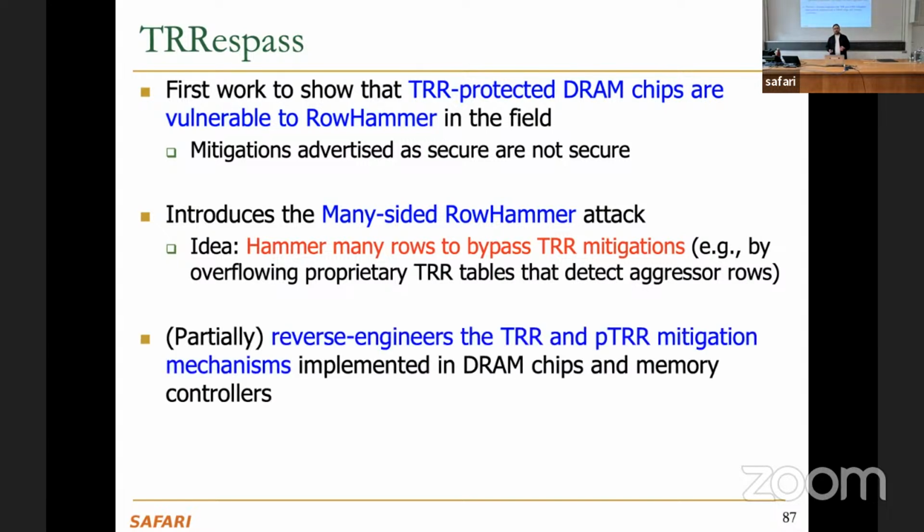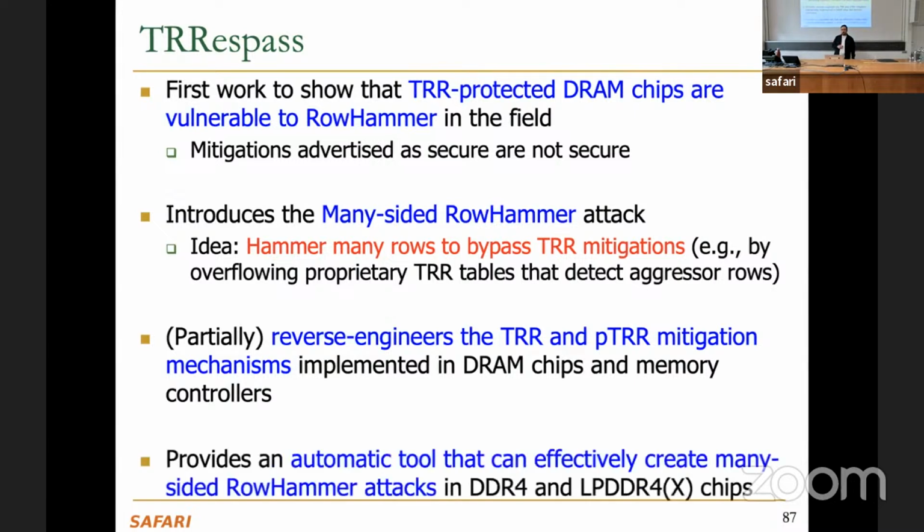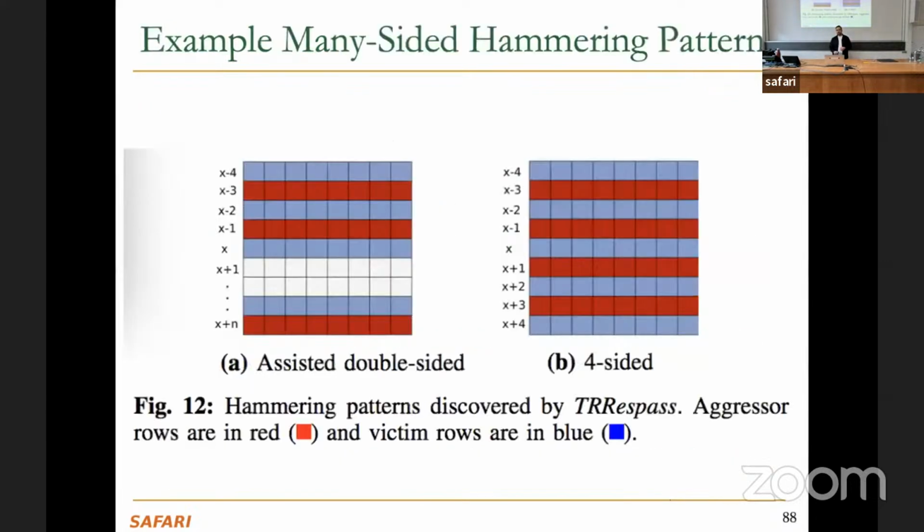So this TRRespass work partially reverse engineers the TRR and pTRR. P stands for pseudo mitigation mechanisms implemented in DRAM chips and memory controllers. And it provides an automated tool that can effectively create many-sided RowHammer attacks for DDR4 and LPDDR4 DRAM chips that you can use to induce bit flips.